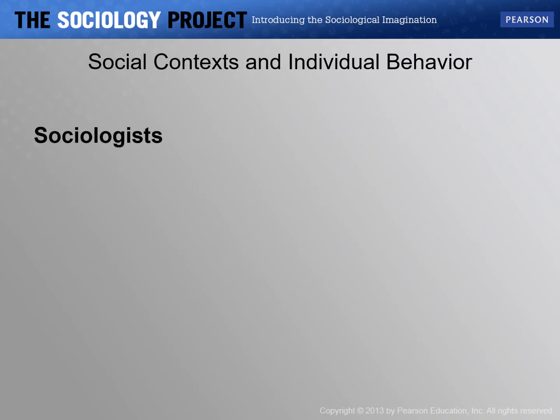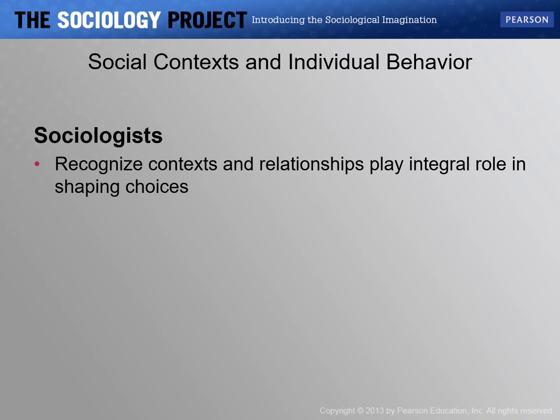Sociologists recognize that context and relationships play an integral role in shaping choices. If, for example, vaccines are available, what are the decision-making points that people choose to either get vaccinated or not? Don't forget, many people don't choose to get flu vaccines even though they're available every fall.